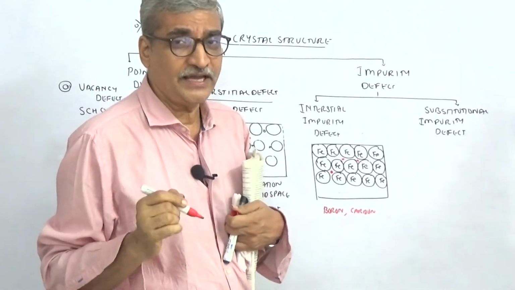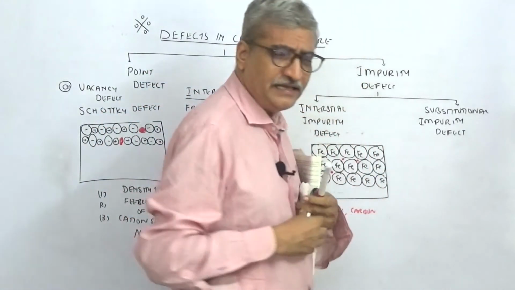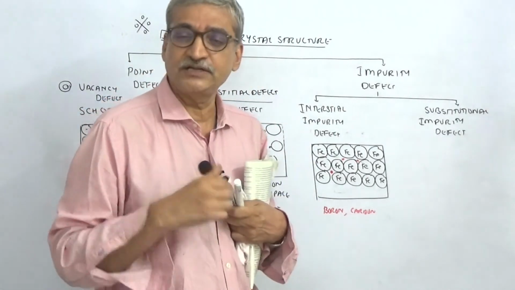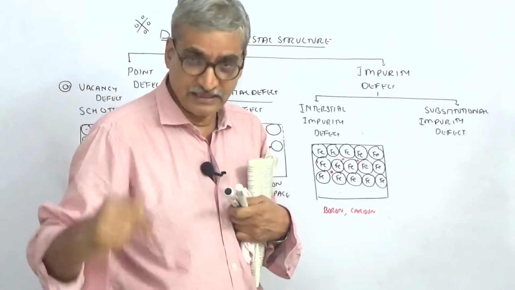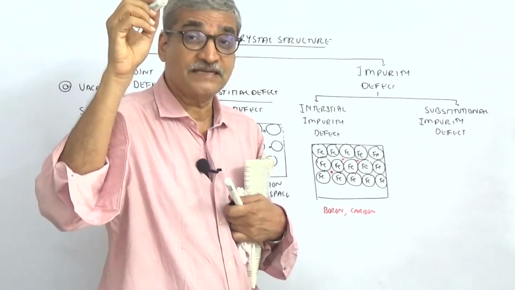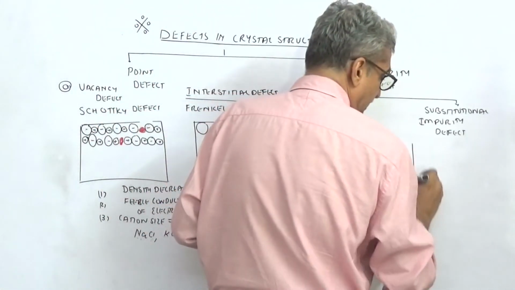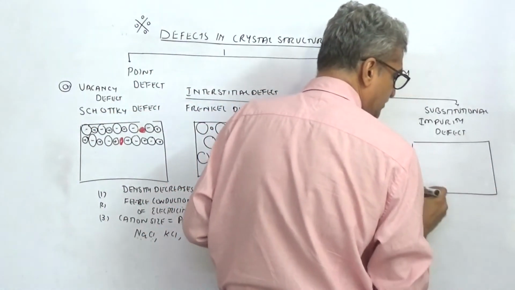So what kind of an alloy will it be? It will be a substitutional impurity. Why? Because gold, copper and silver come in the same group actually. So what happens in that case is, suppose this is the crystal structure of gold.